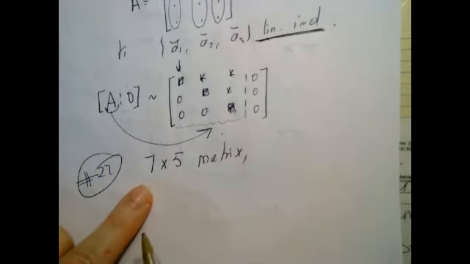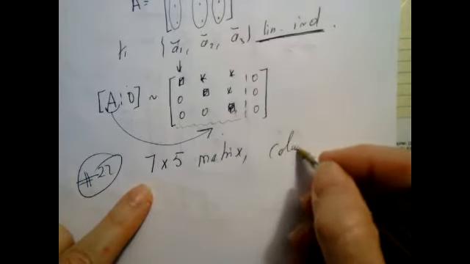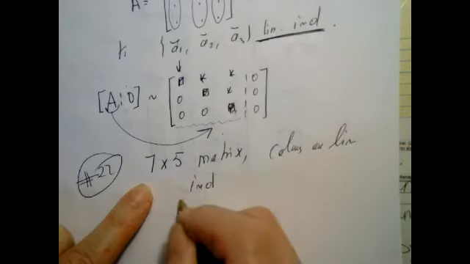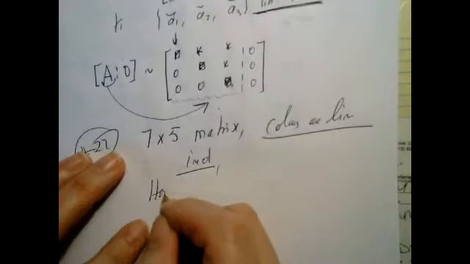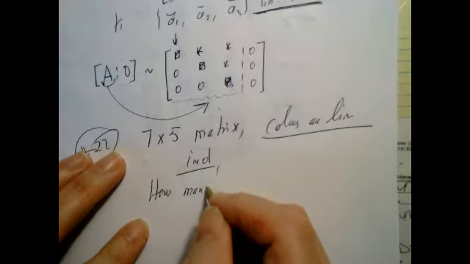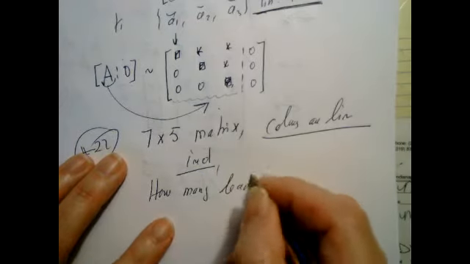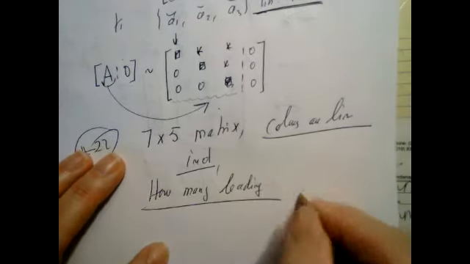So we have a 7 by 5 matrix, the columns are linearly independent, and the question is, how many pivots are we going to have? Or how many leading entries? I prefer leading. It's easier for you.